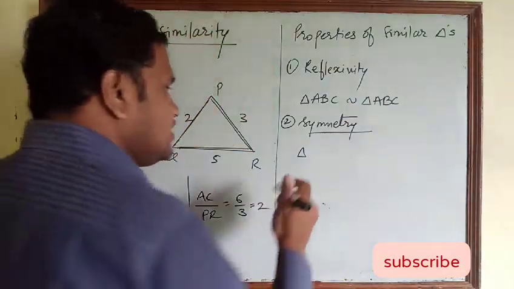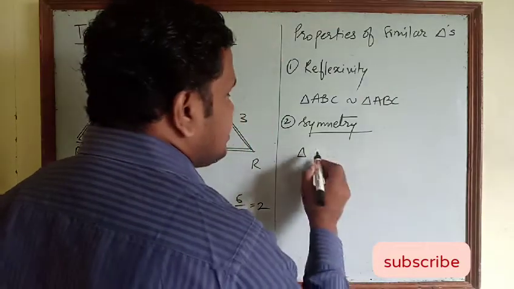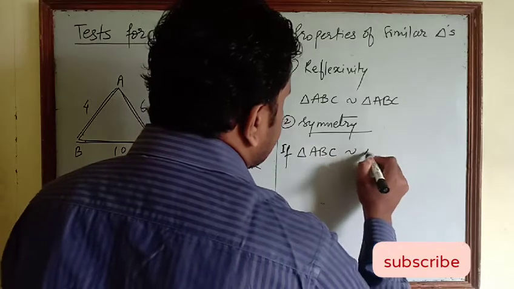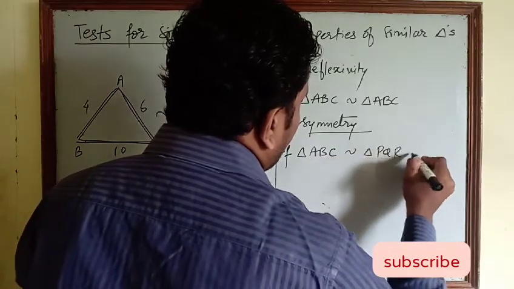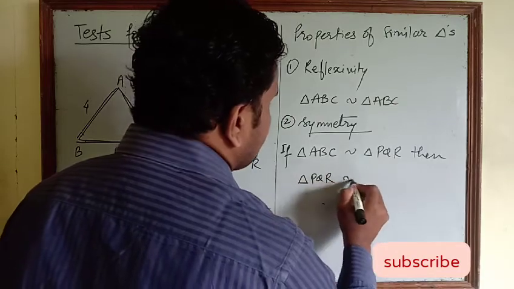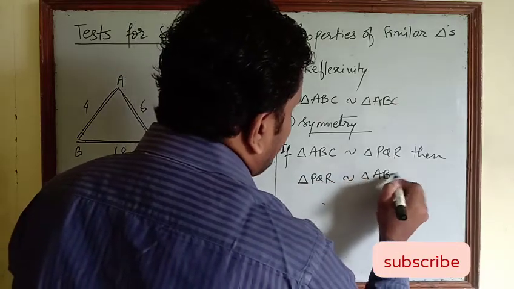In this way, here also both the sides are congruent. If you say that triangle ABC is similar to triangle PQR, then you must know that PQR is also similar to ABC.